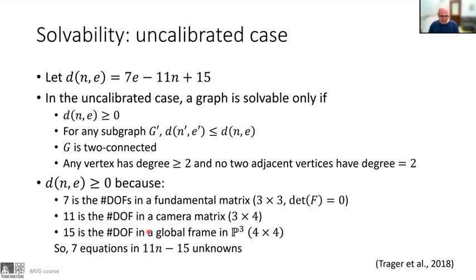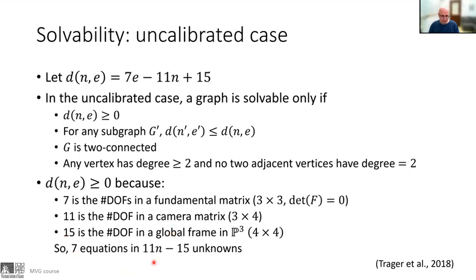So from these things, the edges give you 7 equations per edge. It's supposed to be 7e here. And the number of unknowns is 11 times the number of cameras minus 15.